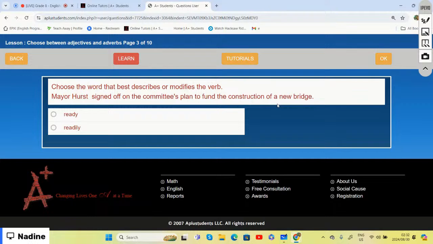So we need to modify the verb, describe the verb. And if we were to choose a word that describes or modifies a verb, we would say the mayor readily signed off on the committee's plan to fund the construction of a new bridge.